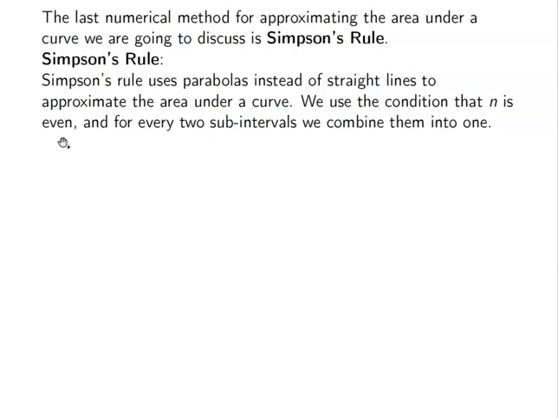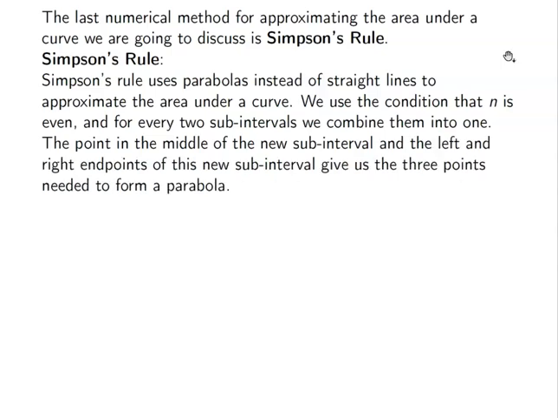So every two subintervals get combined into one. And the point in the middle of my new subinterval is the vertex of my parabola. The left endpoint is one point that my parabola goes through. The right endpoint of the rightmost rectangle is a point on my parabola, and the point in the middle of those two rectangles is the vertex of my parabola.